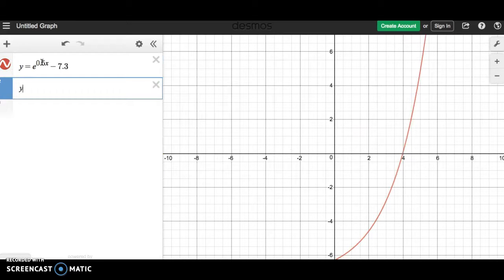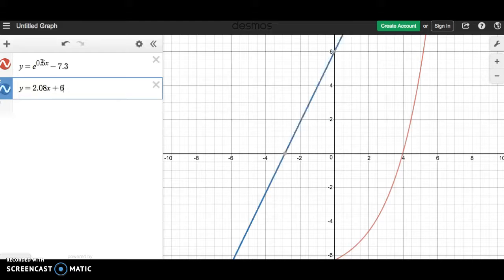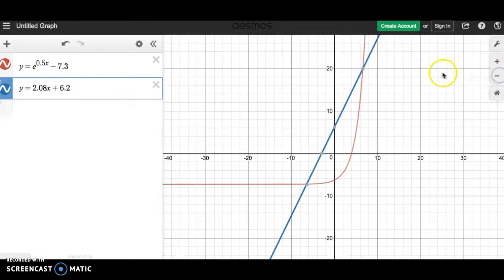And on another line, I'm going to say y equals 2.08x plus 6.2. And I'm going to make my screen a little bit bigger so I can identify where they cross one another. There are two locations where they cross each other. When we graph these equations, we see 2 points of intersection.